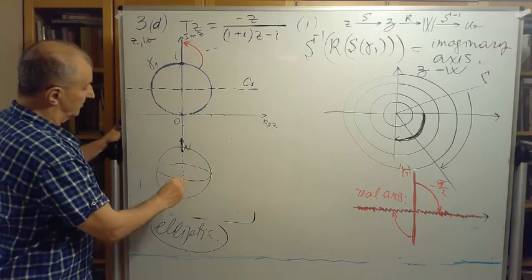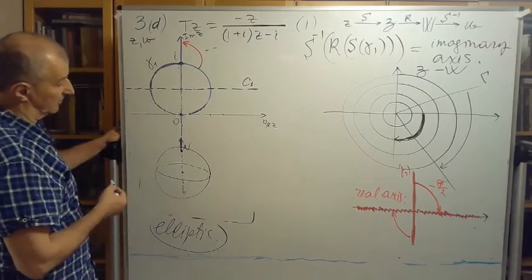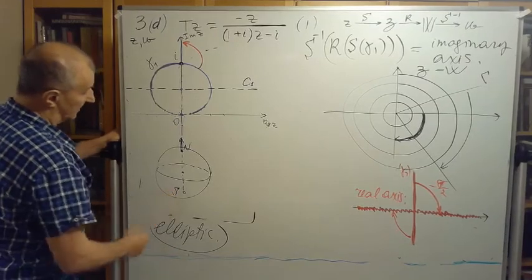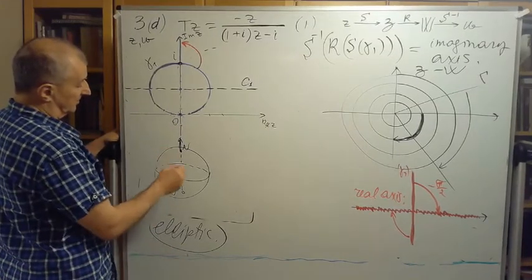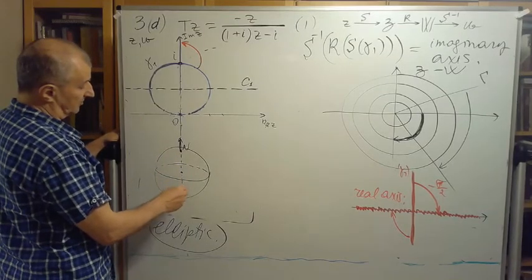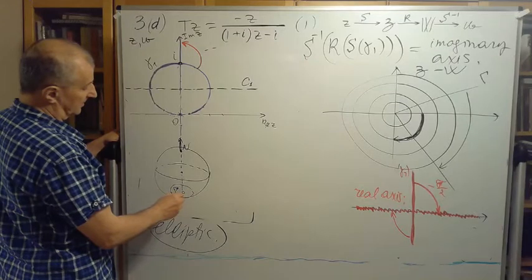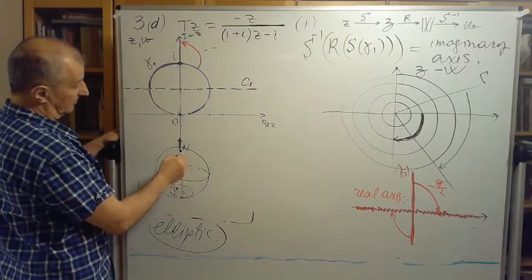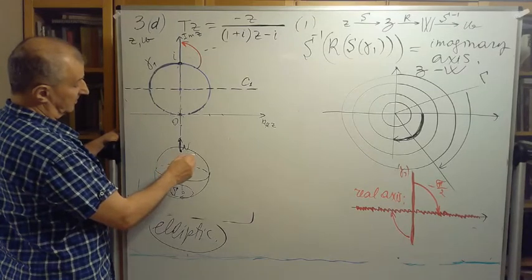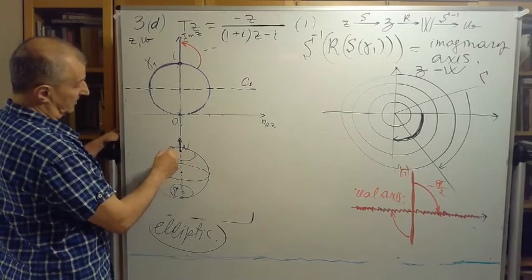This is North Pole, somewhere there on the other side of the globe is the South Pole, right? The rotations around South Pole, which go in the negative direction like this, go around North Pole in the positive direction like this.